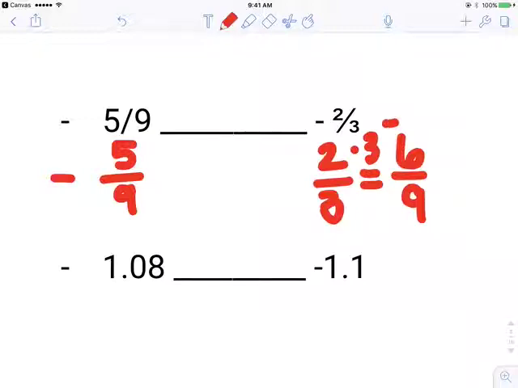Remembering these are both negative values, I know that 5 is closer to 0, so 5/9 is larger. When I look at these two numbers, I can automatically see that the ones are the same, but the 0 and the other one are not. So that's where I do my comparing. They're both negatives. So I think which is closer to 0, and 0 is closer to 0.